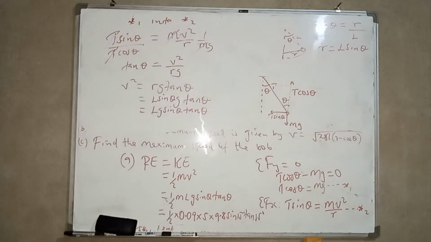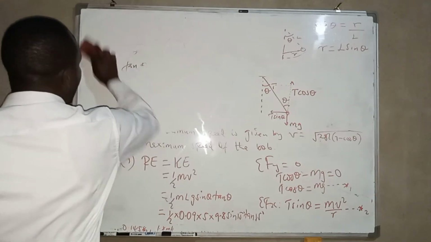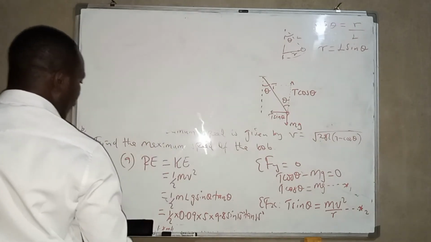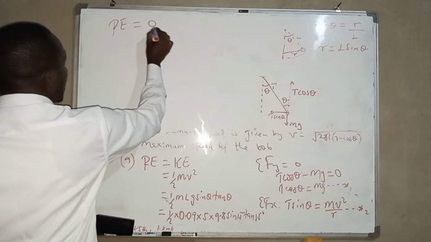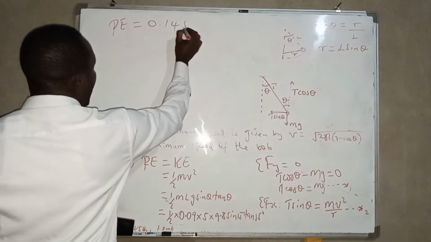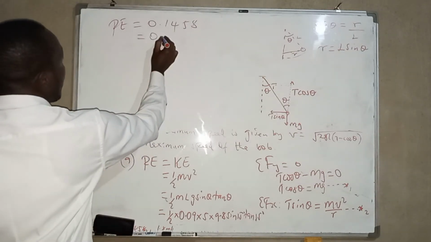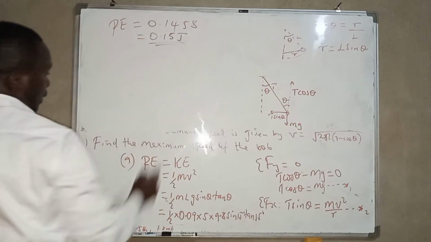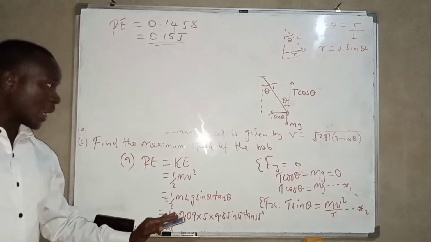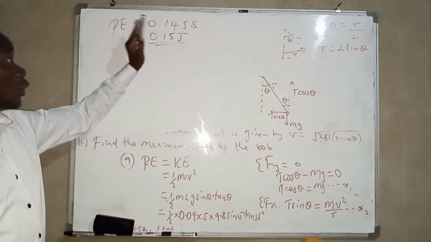So what we are going to get when we punch it on a calculator is the value for potential energy. We are going to have 0.1458, which can be rounded off to 0.15 joules. So this is the value for the gain in terms of kinetic or potential energy.